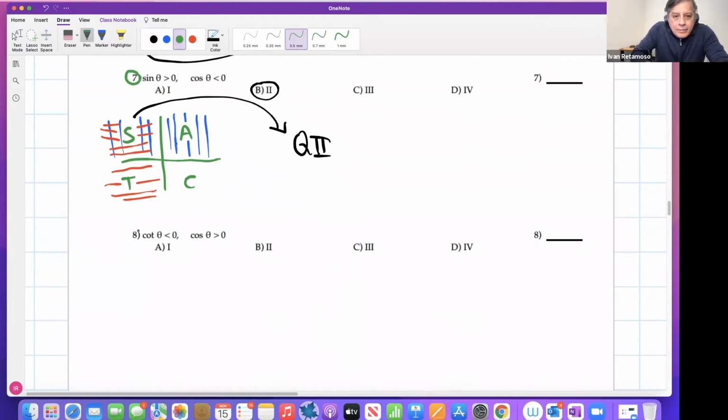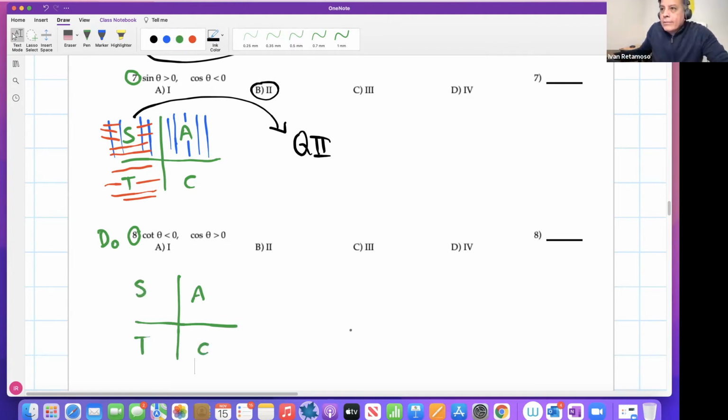We will move on to talk about probably reference angle. So can you try to do this? In which quadrant is cotangent negative and cosine positive? Hint, all students take calculus. Use this because we're going to use this next to figure out the sign of our trigonometric functions.